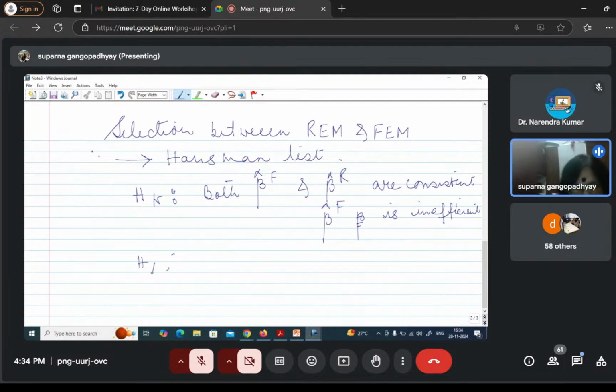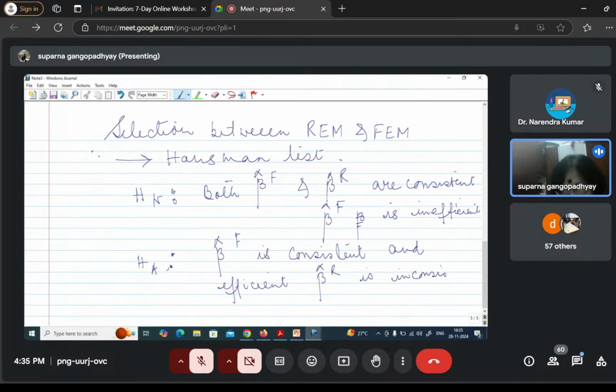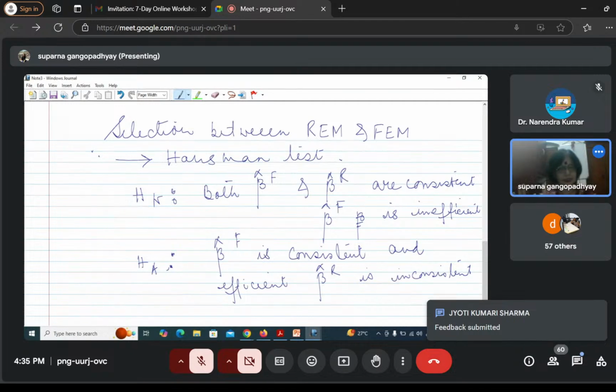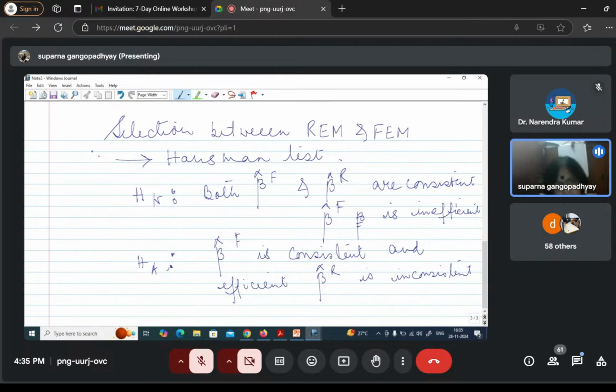Your alternative hypothesis is that beta hat F is consistent and efficient also, but beta hat R is inconsistent. You got my idea? See, both F and R are consistent under the null, but beta hat F is inefficient. And your alternative is that F is considered consistent as well as efficient, but random is inconsistent.